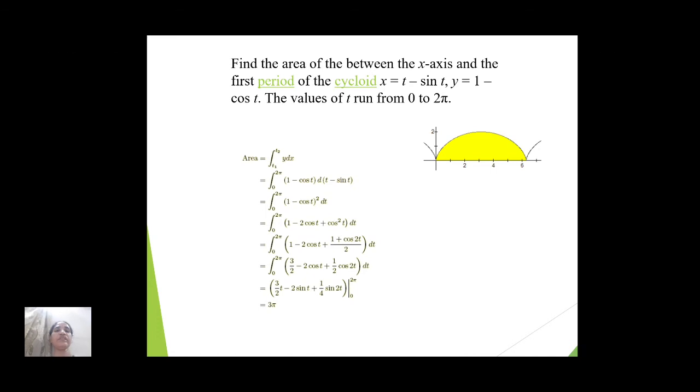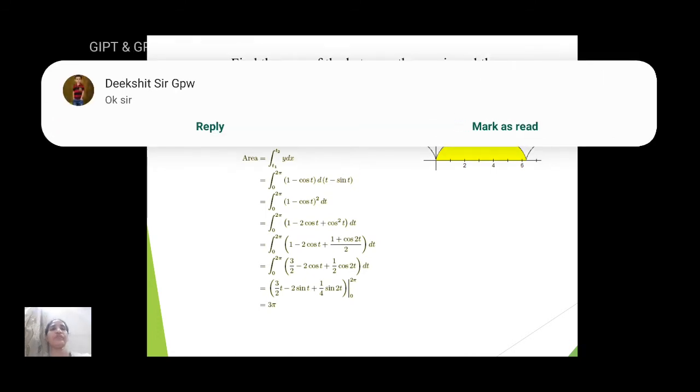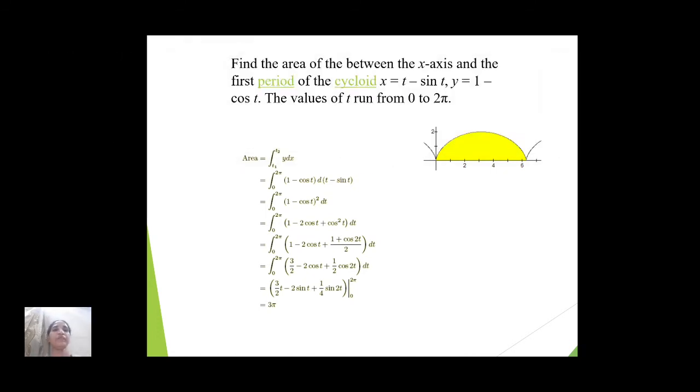Then integral 3 by 2 becomes 3 by 2 t, integral 2 cos t minus 2 sin t plus integral cos 2t, sin 2t by 4, 0 to 2 pi. If we substitute first upper limit minus lower limit, then we get 3 pi.